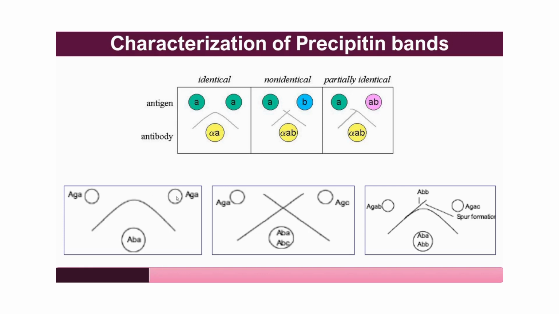The epitopes of those antigens are the same. Epitopes or the antigenic determinants are almost the same, corresponding to the antibody that is loaded in the central well.